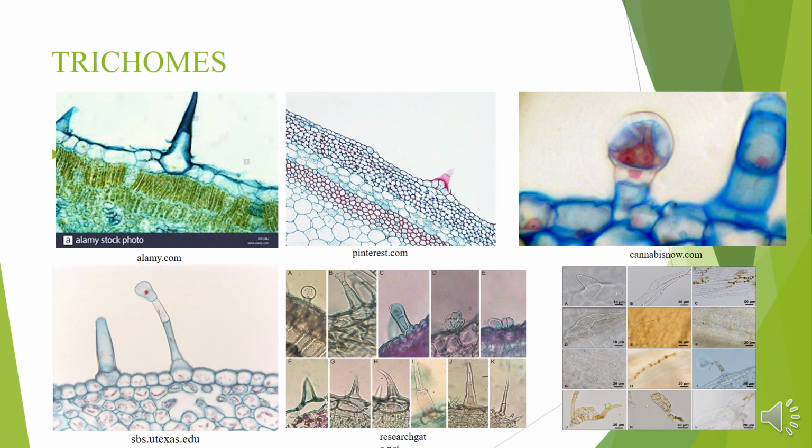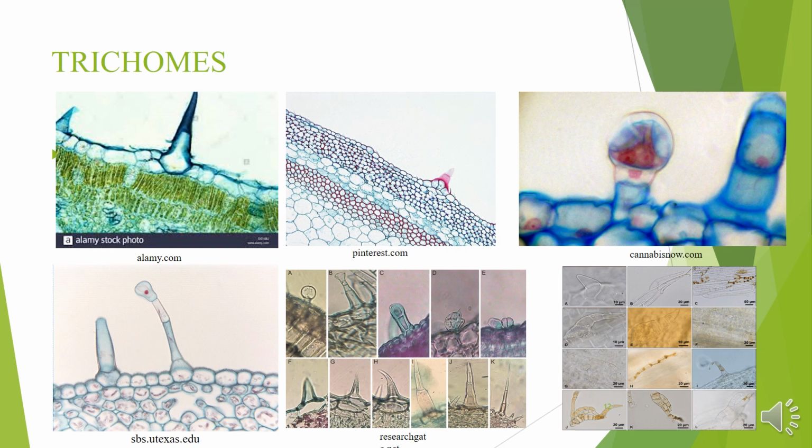So this particular slide gives you, under the microscope, some of the trichomes that you would observe. In the first diagram, you can see how the trichome is tapering towards the end. In the top diagram towards my right, you would see that it's glandular.